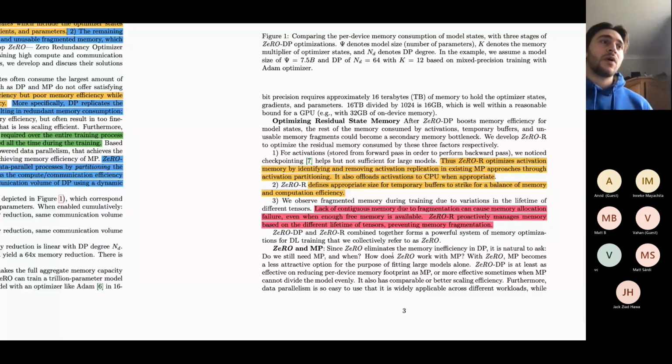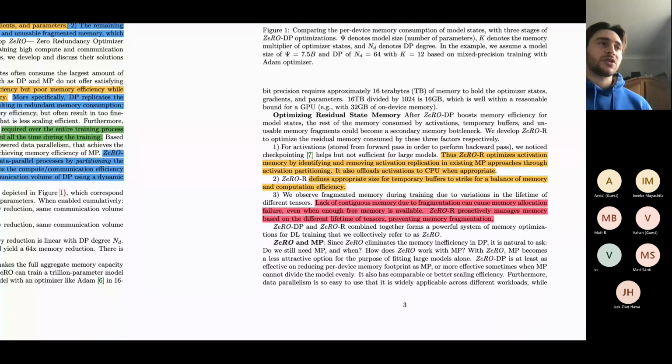And then one last thing that they noticed, which I actually think I've hit quite a few times, even within a single GPU: we observe fragmented memory during training due to variations in the lifetime of different tensors. And it says lack of contiguous memory due to fragmentation can cause memory allocation failure, even when enough free memory is available.